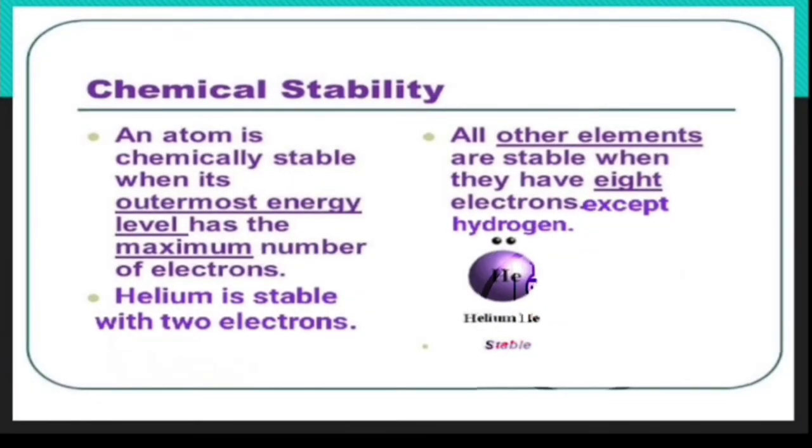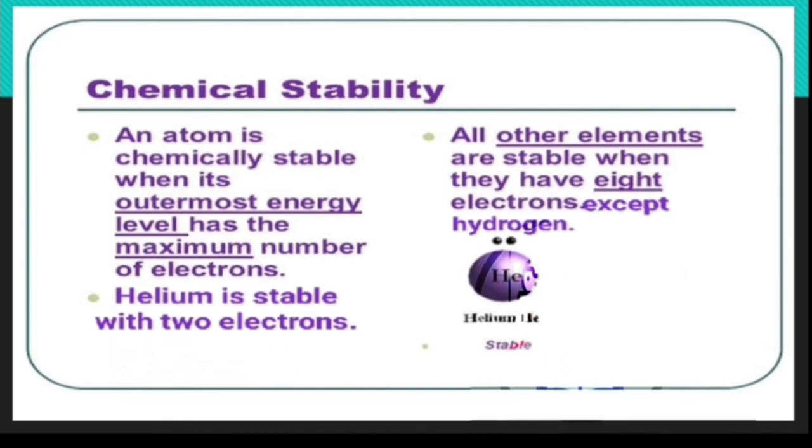Next is chemical stability. An atom is chemically stable when its outermost energy level has the maximum number of electrons. The stability depends on whether its outermost shell is filled with electrons or not. If the valence shell is filled, then only the atom will be stable.